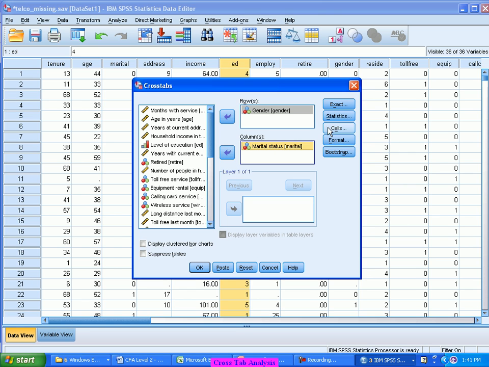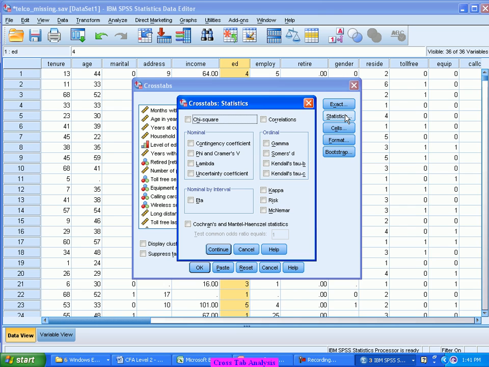Then one main calculation which we need to do in this case is click on the Statistics tab. The most comfortable and easy, and most mandatory, analysis in case of two nominal or ordinal variables is a chi-square analysis.